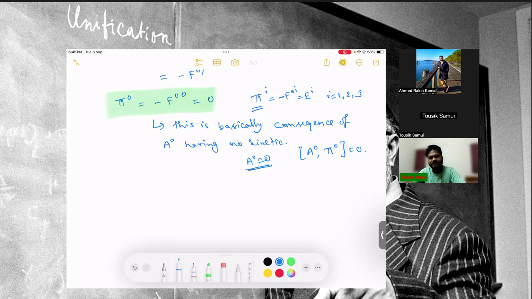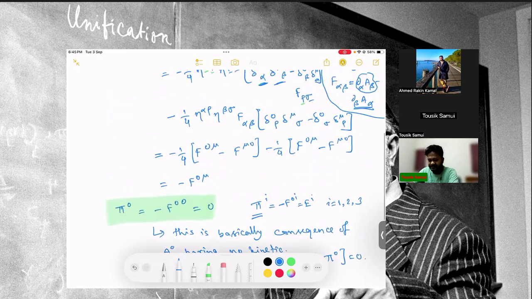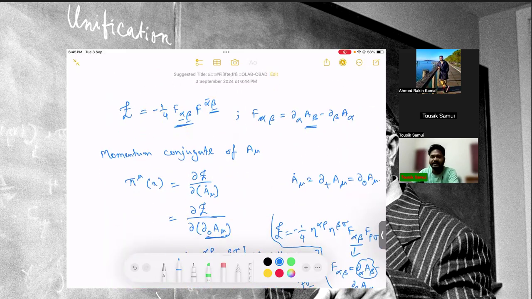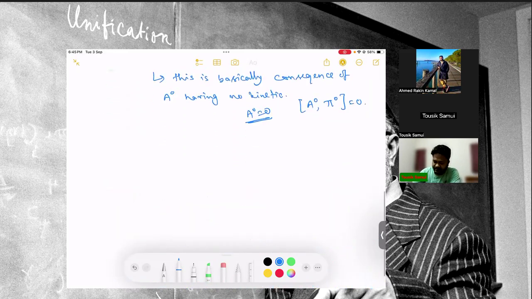But today we will not do this way of quantization, partly because we have taken effort to make the whole Maxwell equations into this covariant form, where time and space are on equal footing.